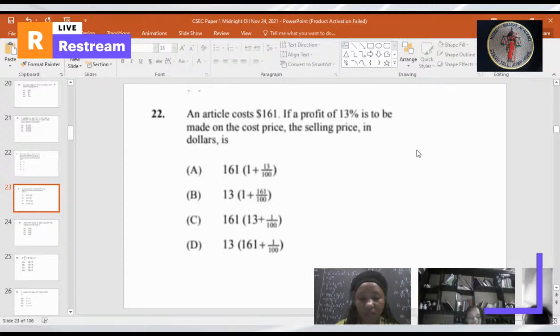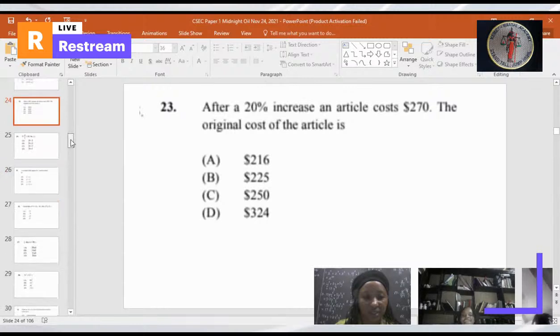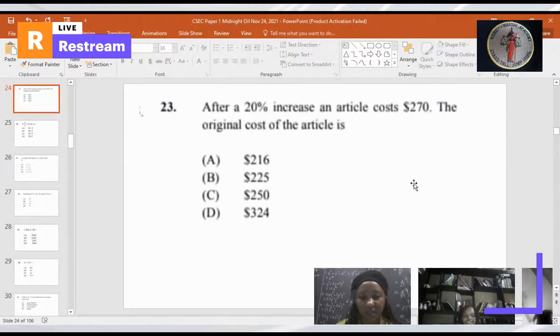So that will be A. It's the one whole plus 13% of the whole, and that would give you the selling price. It's confusing, okay.